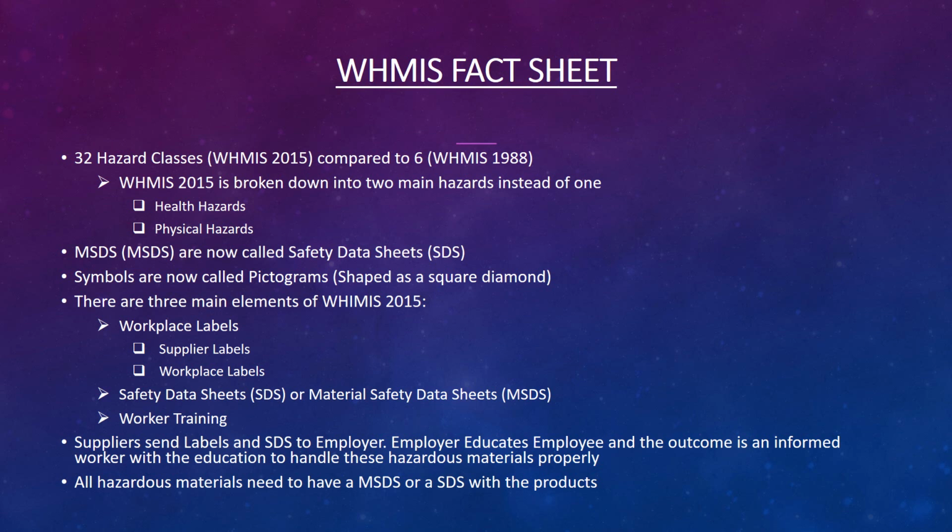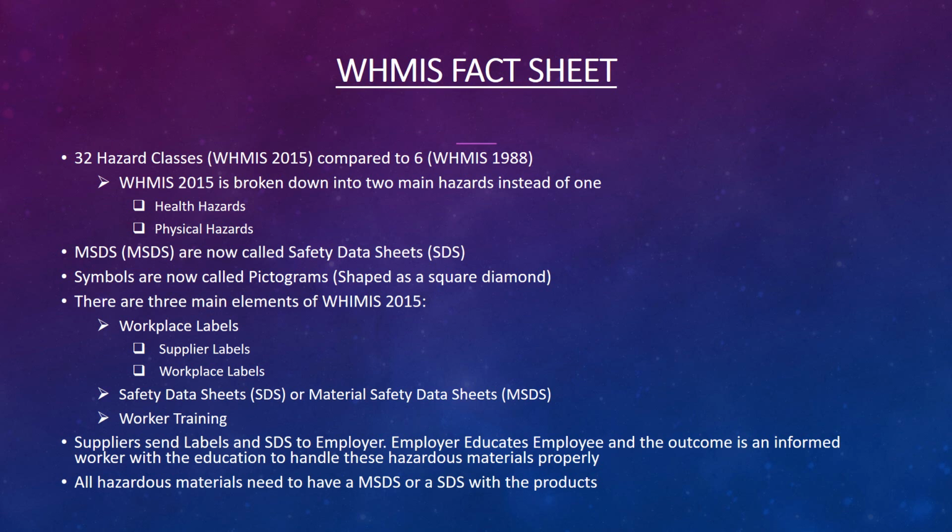There are 3 main elements of WHMIS 2015. Supplier labels and workplace labels, safety data sheets or material safety data sheets, worker training.